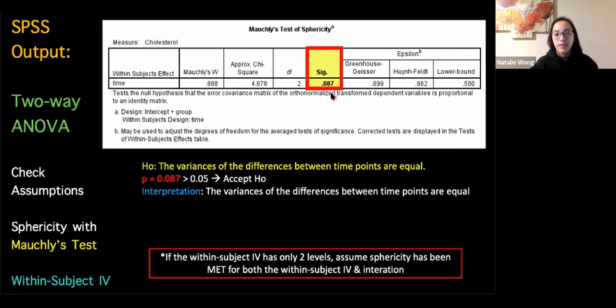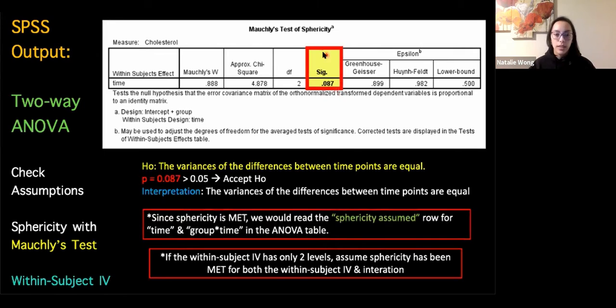Since we have a p-value greater than 0.05, that would indicate that we accept the null hypothesis and we assume sphericity for time. So in this particular instance, sphericity is met. So that would tell us we read sphericity assumed for time in our ANOVA table.